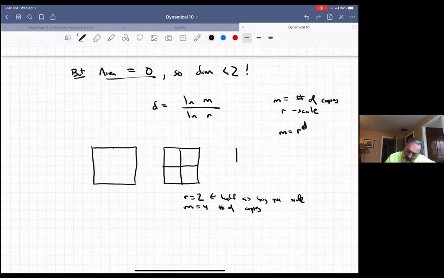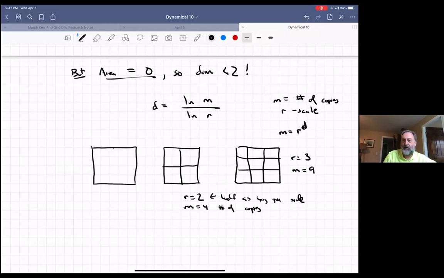If I take the same square and I divide it into something a third as big, I get 9 squares. So here, 9 is 3 squared.